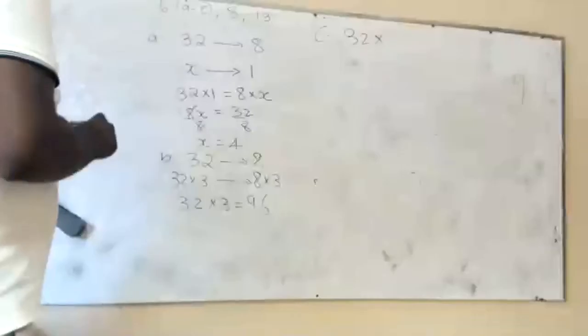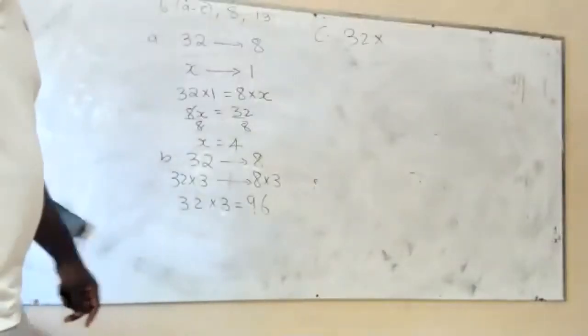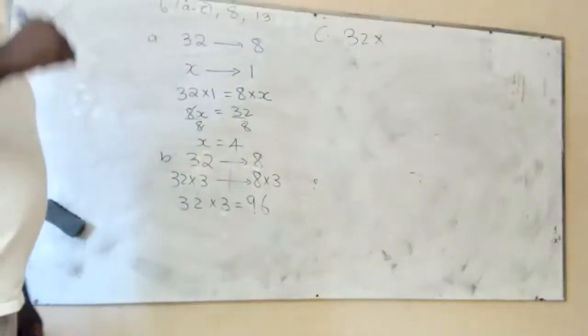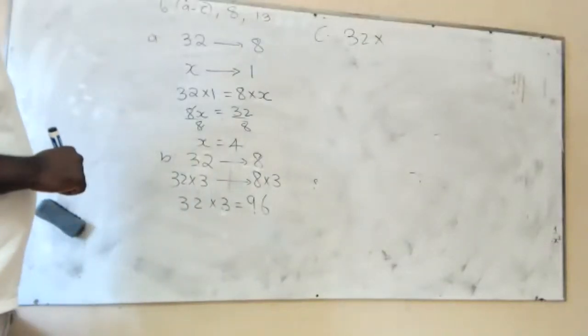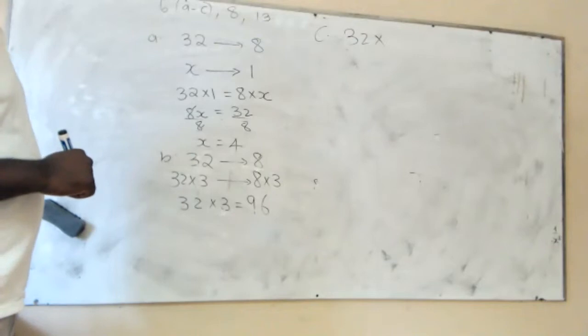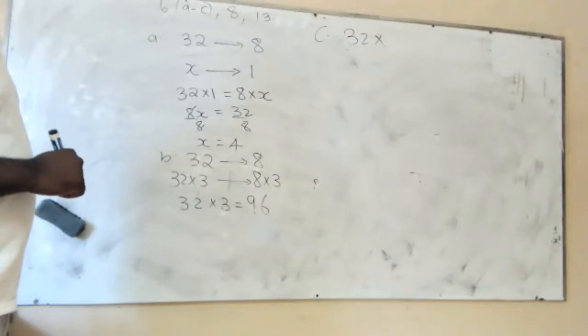I'm not understanding, sir. Okay, it's 32 multiplied by the number of days. So how many days are we talking about on question number C? A 5-day week.